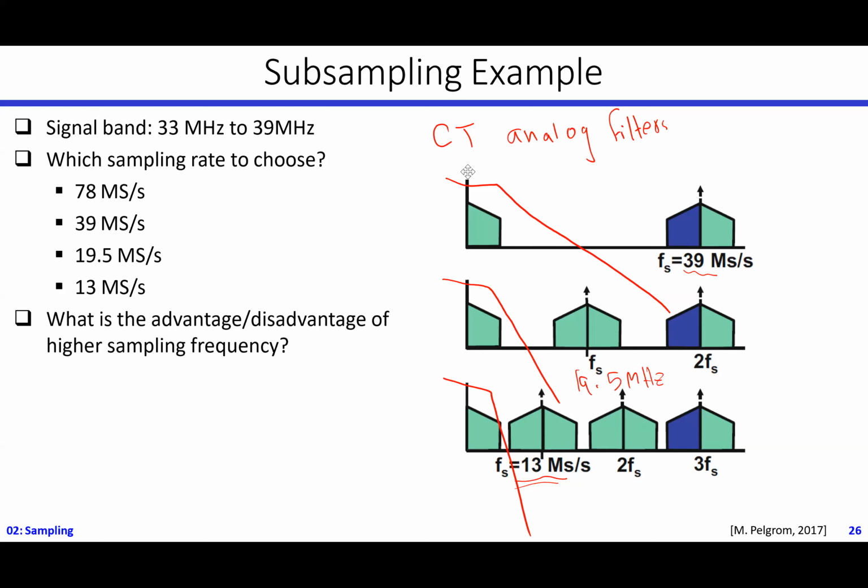So basically, if you select 13 megahertz, you will have a lower clock frequency. You may save in your power consumption, but the issue is that you need a sharper cutoff filter, and this means that you will need a higher order filter in the analog domain, and this will make the complexity more. Now, we said we have advantages in the digital circuits.